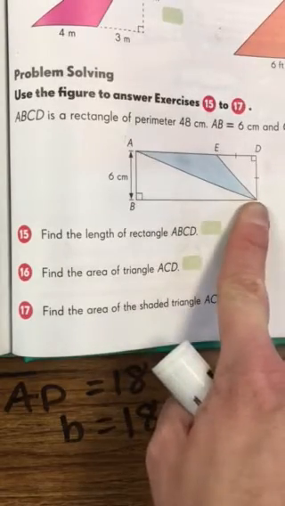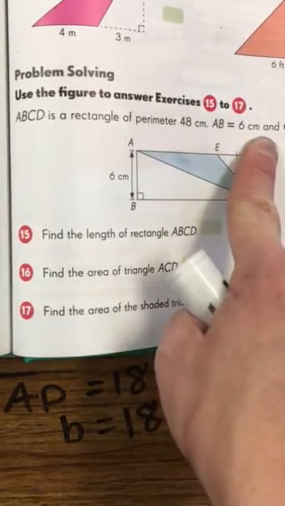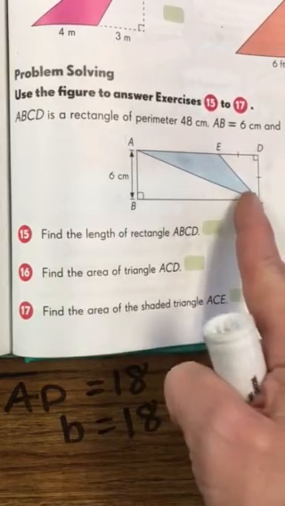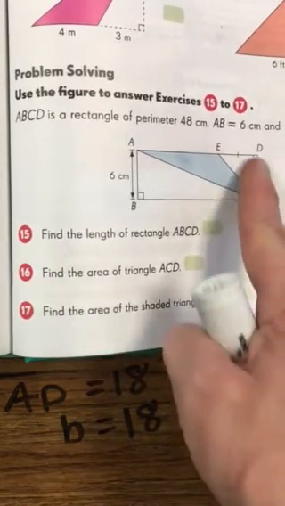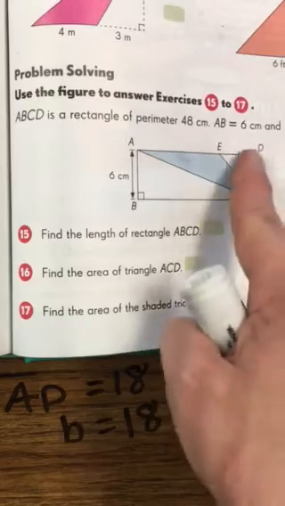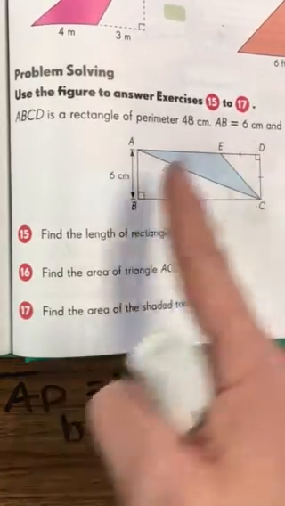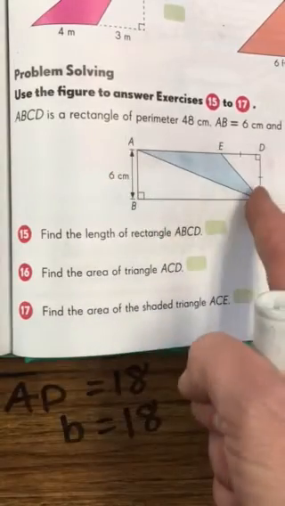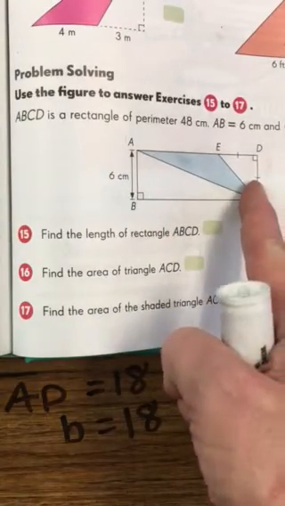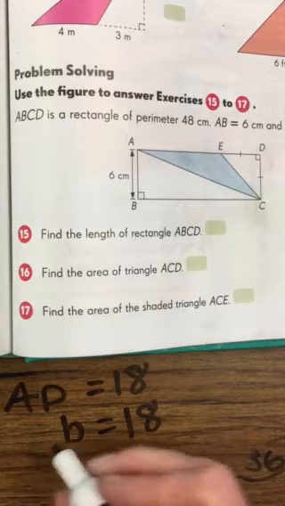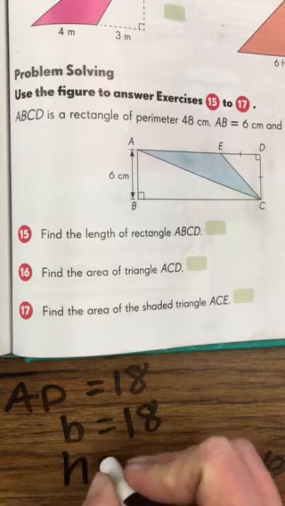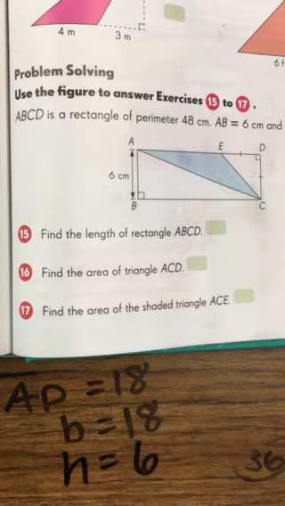I start at the point and I try and make a straight line down. And this works out perfectly because I would just stay on the line there. I would go down to point D and it does make a 90-degree right angle. So do I know the length there? Yeah, look, it would be the same as this length here, which would be a value of 6. So now I can say that my height is 6 centimeters.